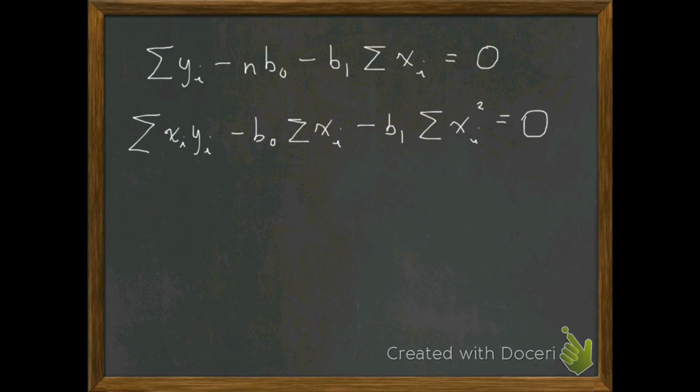Okay, now let's see. I don't really know if we're ever going to need this, but I see something I'd like to be able to do here. I want to simplify this a little bit. I want to get my b0's.